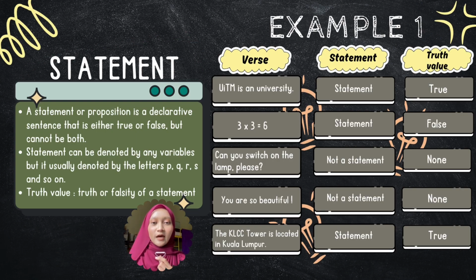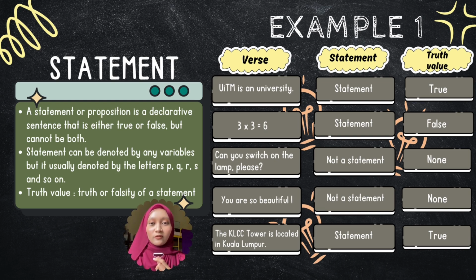In this slide, I will explain what a statement is. A statement or proposition is a declarative sentence that is either true or false but cannot be both. A primary statement can be denoted by any variable, but it is usually denoted by the letters P, Q, R, S, and so on.